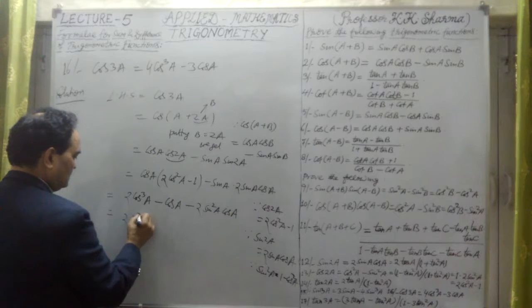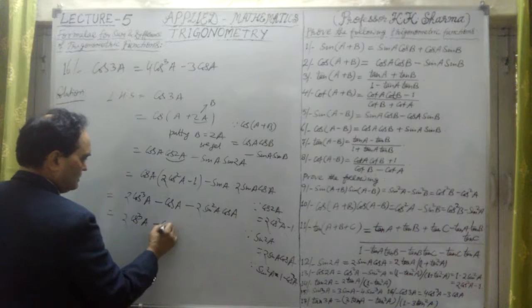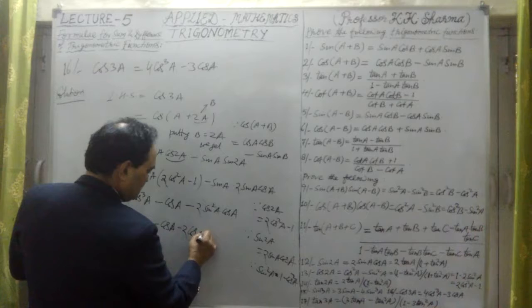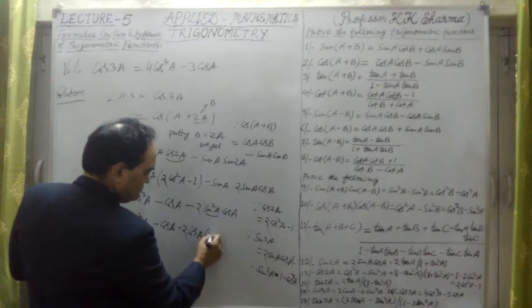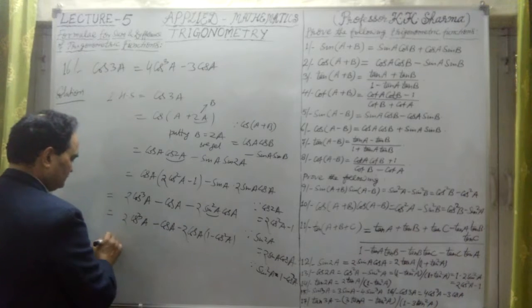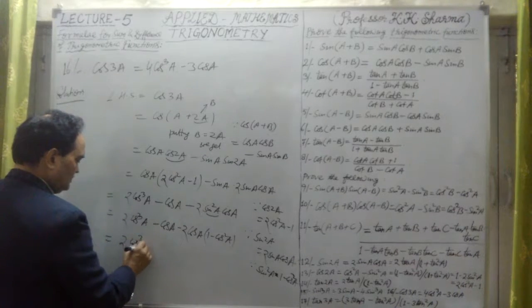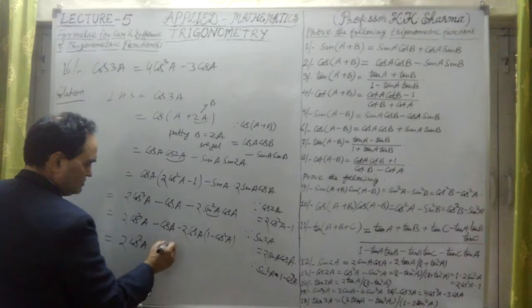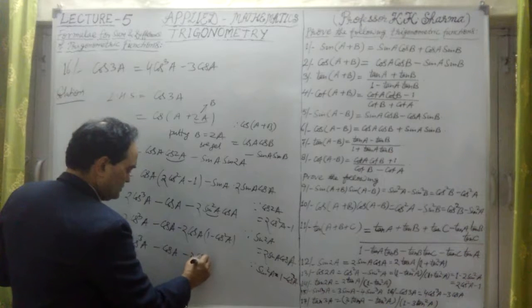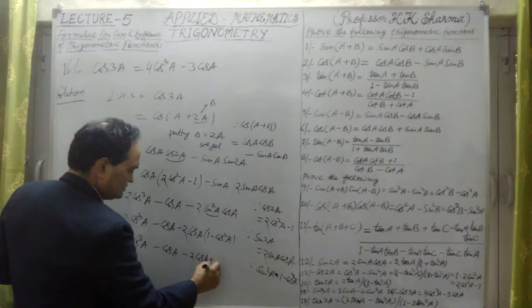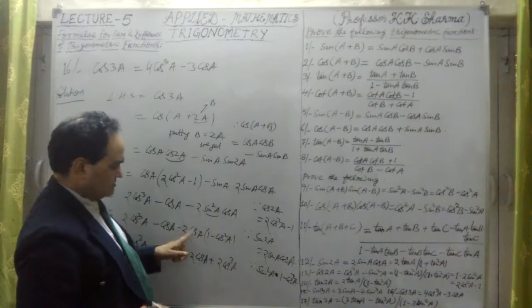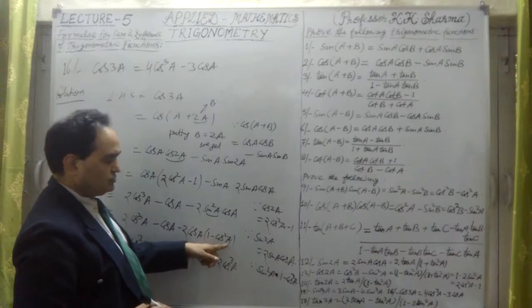2 cos cube a minus cos a minus 2, let me write first cos a, now sin square a is 1 minus cos square a. Now this whole is converted to cos. So this is 2 cos cube a minus cos a minus 2 cos a plus 2 into cos a into cos square a.